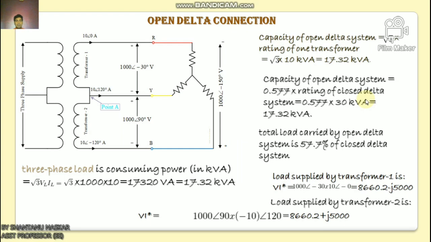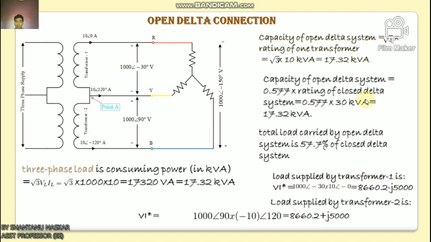Now how much three phase balanced load can be supplied by this combination? Answer is, now we have two single phase transformers of 10 kilovolt ampere, but we are not able to supply 20 kilovolt ampere in three phase balanced load. So this combination can supply a maximum of 17.32 kilovolt ampere three phase balanced load. Load on each transformer will be 10 kilovolt ampere.